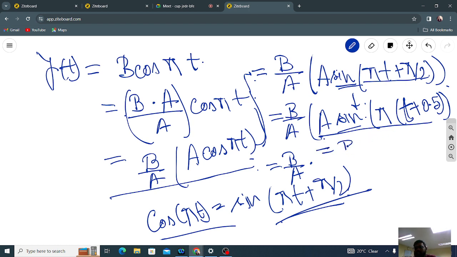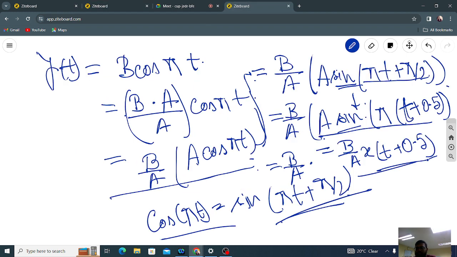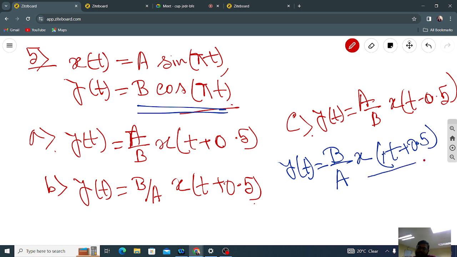So we can write it as b by a x of t plus 0.5 from this relationship. So the option is y of t is equal to b by a x of t plus 0.5. The correct option is option B.